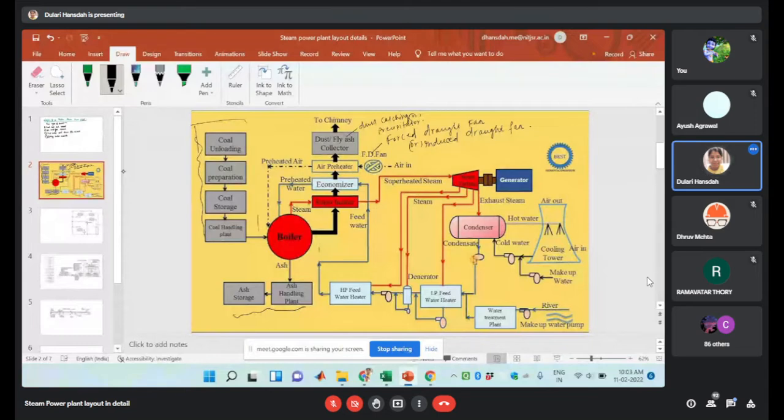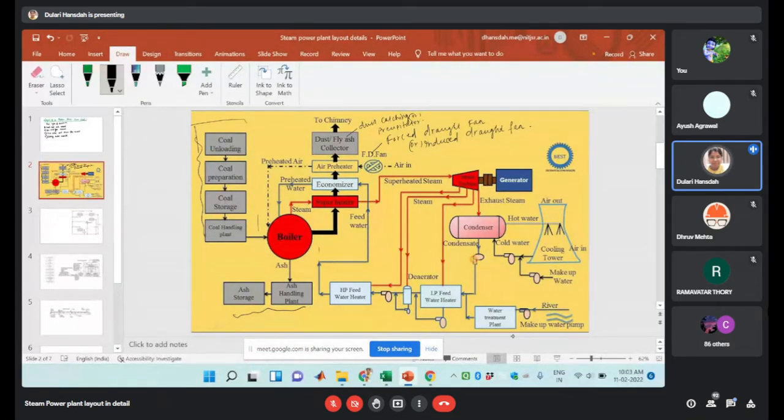Crusher house, induced fan, forced draft fan, precipitator are also components of this power plant, and water treatment plant, and there will be the switch yard available in case of the modern power plant. So these are the components of our modern steam power plant.